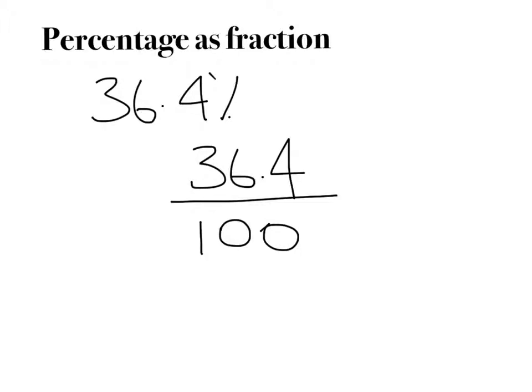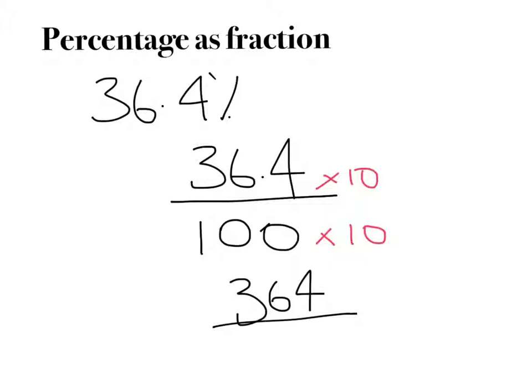If I do something to my numerator, I have to do it to my denominator if I start manipulating the numbers for no reason. So maybe I could try multiplying that by 10 and multiplying that by 10. And if I do that, it becomes 364 over 1,000. Excellent. I've got whole numbers on both my numerator and my denominator, but I have to make sure I simplify.